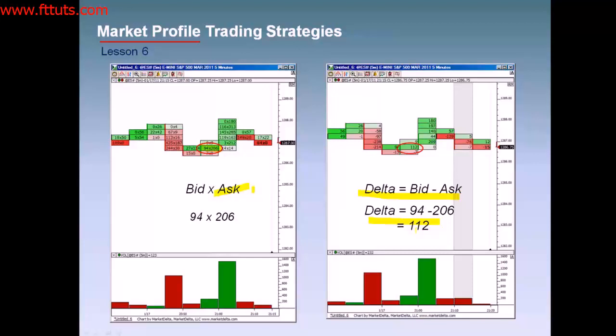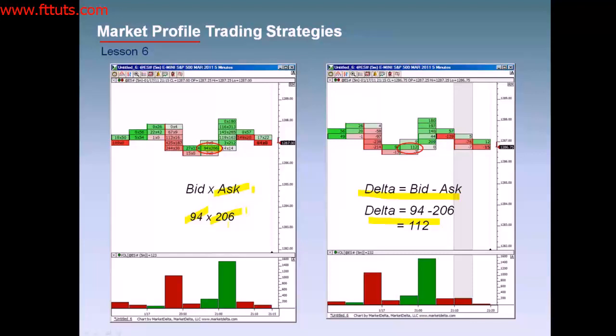So when I look at the bid and ask numbers, and I have 206 at the ask versus 94 at the bid, obviously, at this price, at this moment of time, the delta was positive, meaning that the buyers were more aggressive in the marketplace.